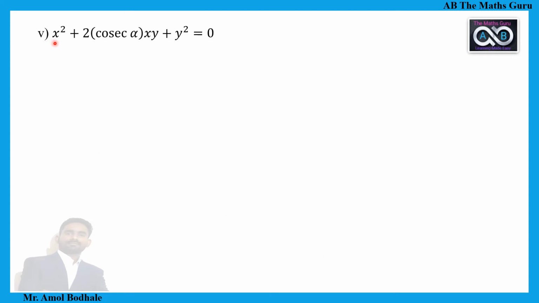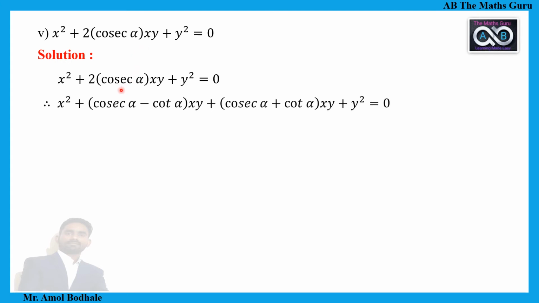Fifth example: x square plus 2 cosec alpha into xy plus y square equal to 0. Now here the coefficient of x square is 1, the coefficient of y square is also 1. Now we have to find two numbers such that their product is 1 and addition is 2 cosec alpha. So here we have two terms, which are cosec alpha minus cot alpha and cosec alpha plus cot alpha.